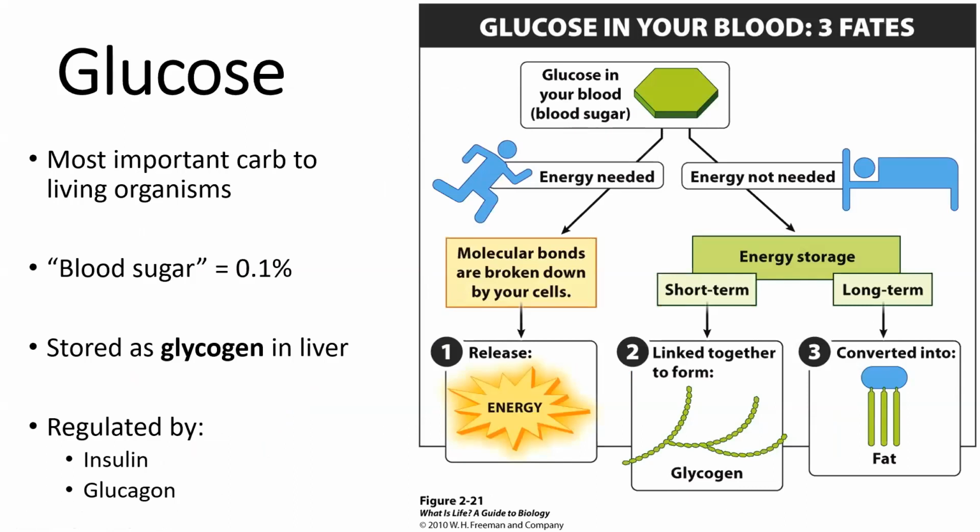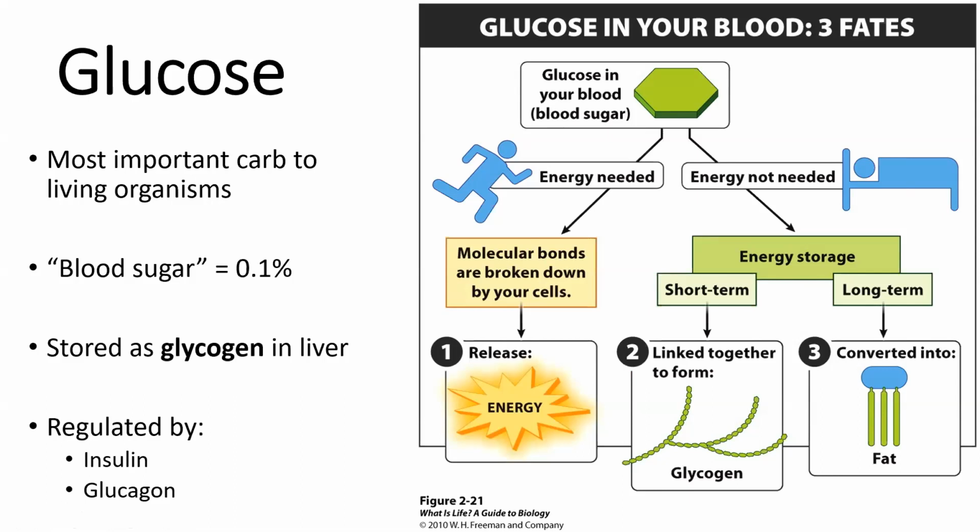Glucose is the most important carbohydrate for living organisms, okay? Glucose is the blood sugar. For example, that's the sugar that is floating around right now in our bloodstream and being taken into our tissues, okay?